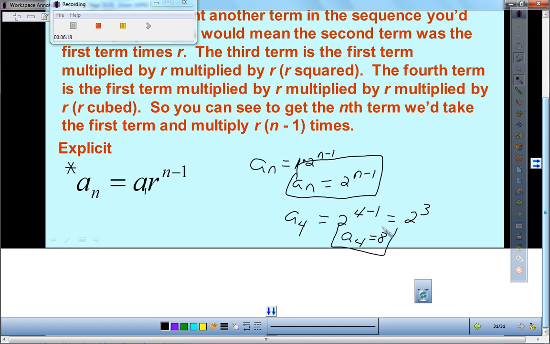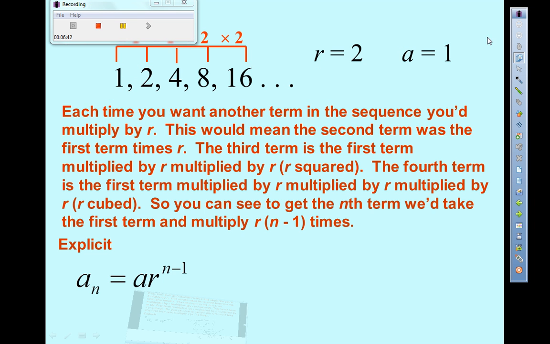It checks out for our formula. And just to double check, we could go to the 5th term. We'd substitute in 5 for n, so we get 5 minus 1, which gives us 2 to the 4th, which would be 16, and so our formula is correct. So this would be our explicit formula. Now let's look at some more specific examples, and we'll work through a problem on the next video.